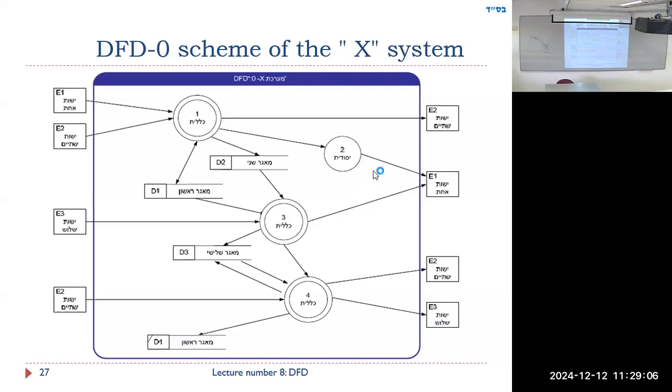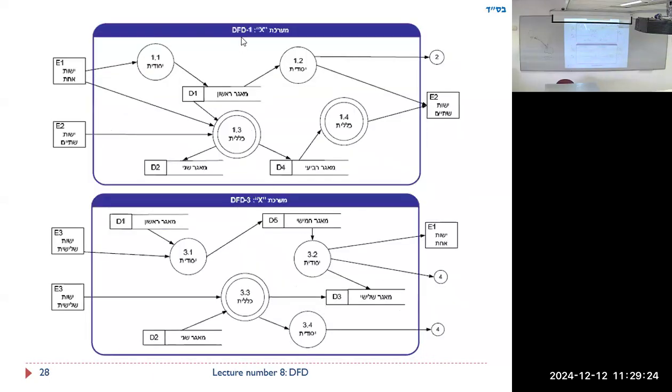The 2 isn't double circled, right? So it's not the end state. We call it the basic state, or the simple state. It's a simple process. 1 and 3 are complex. Therefore, there's DFD 1 and DFD 3, and there's no DFD 2 because it is a simple process. Nothing more to say about it.